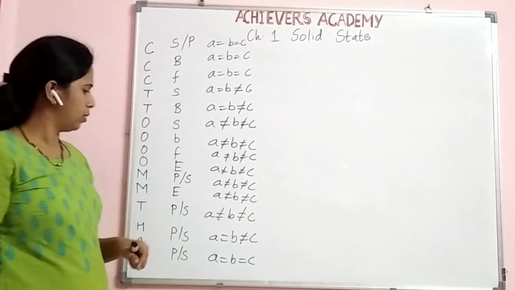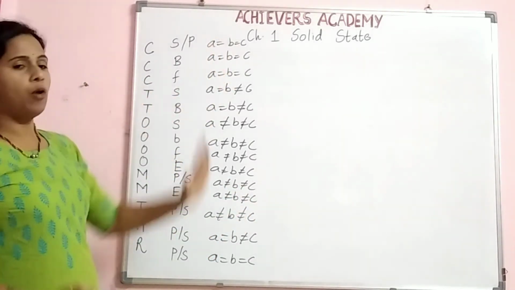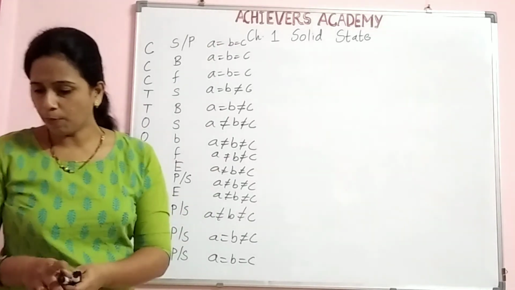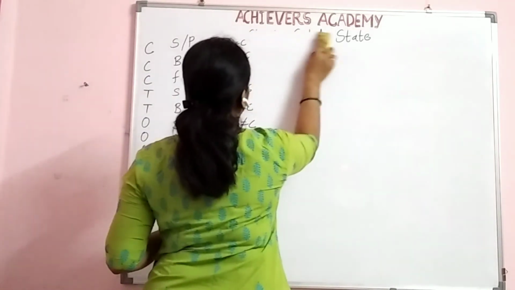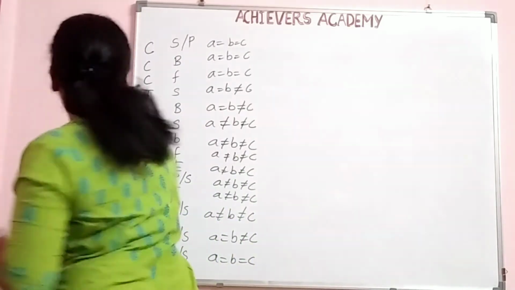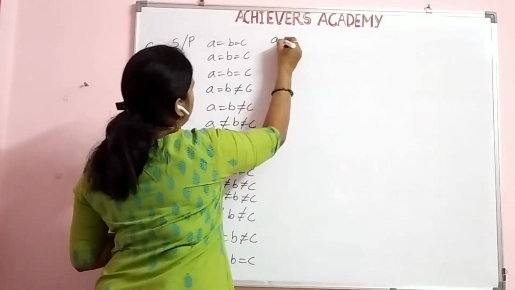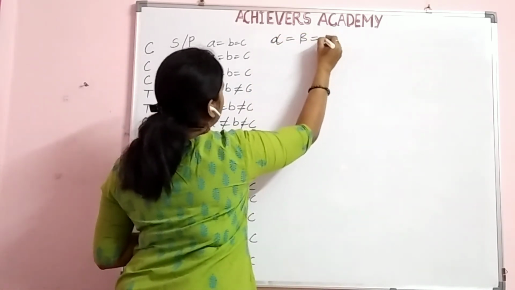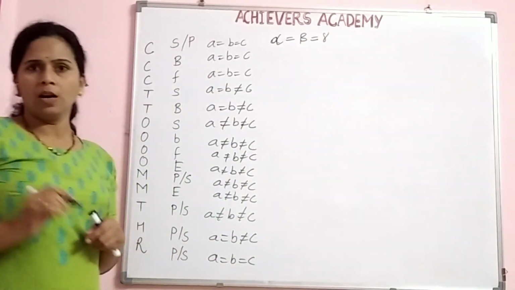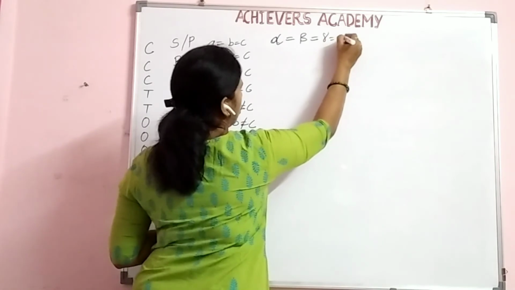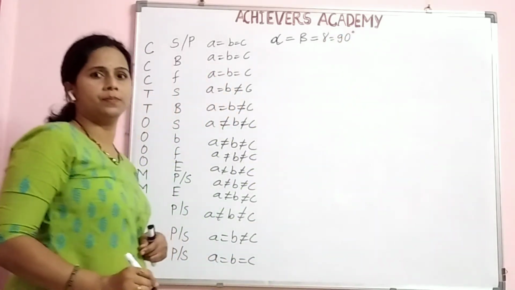Easy to understand. Now, bond angle. Again important, alpha, beta, gamma. Now here in the bond angle, first alpha is equal to beta is equal to gamma. Alpha is equal to beta is equal to gamma, that is equal to 90 degree.